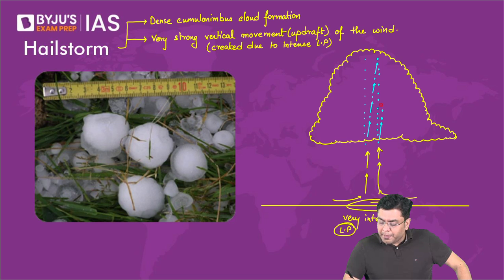So the size of the particles in this refreezing continuously grows larger and larger. Eventually, it will grow so large that it can no longer be held even by that vertical rising air. So when it grows significantly larger, that is when it starts falling.